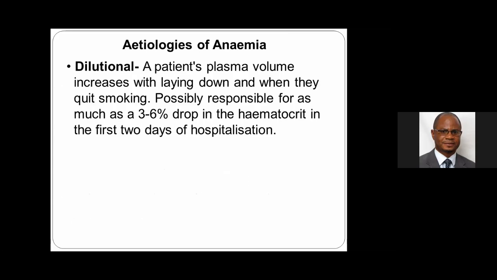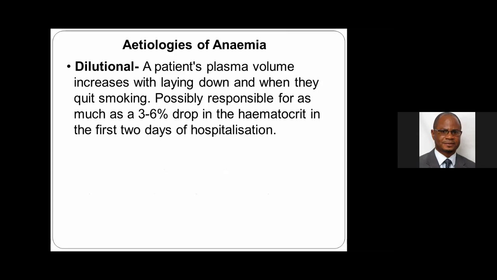Then we have dilutional anemia, affected by dilution, that is a patient's plasma volume increases with laying down and when they quit smoking, for example. So this is possibly responsible for as much as 3 to 6% drop in hematocrit in the first 2 days of hospitalization.